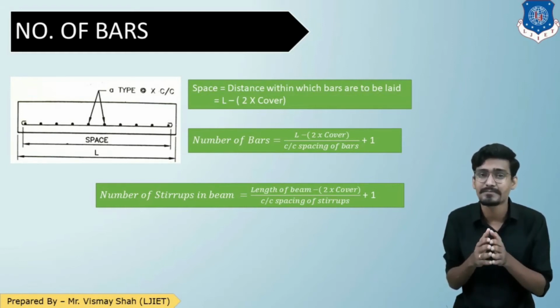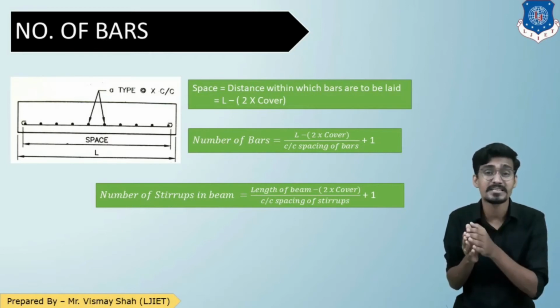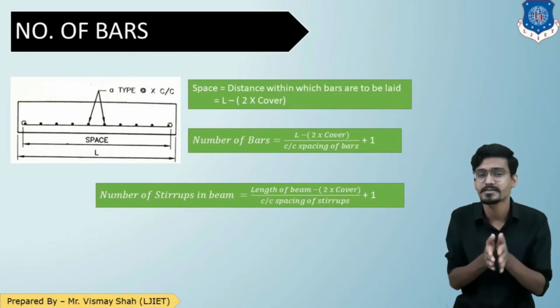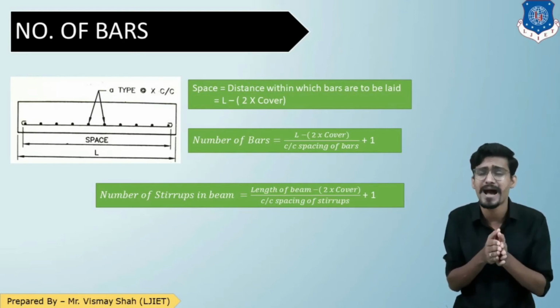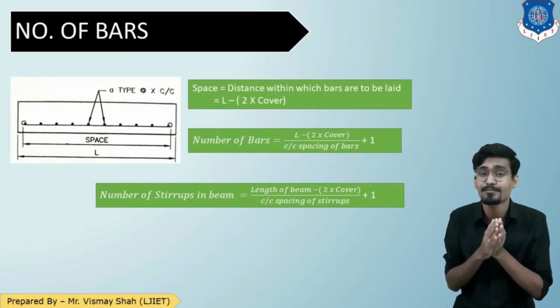So L minus 2 times the cover will be the space. Now the formula for the number of bars will be space upon center to center spacing of the bars. Yes, center to center spacing. The center to center spacing means if this is 1 bar and this is 2 bar, the center to center distance between these 2 bars. So space upon center to center distance between 2 bars plus 1. Why plus 1? Because it is the simple logic.